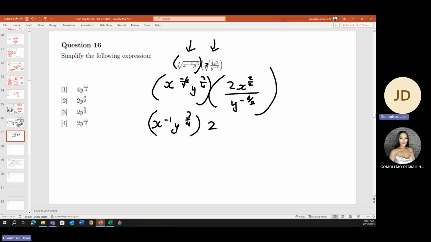Then on this side, we've got 2x. 2 divided by 2 is 1, so we're going to keep that. Here we've got y^(-2). Sorry, divide by y^(-2).